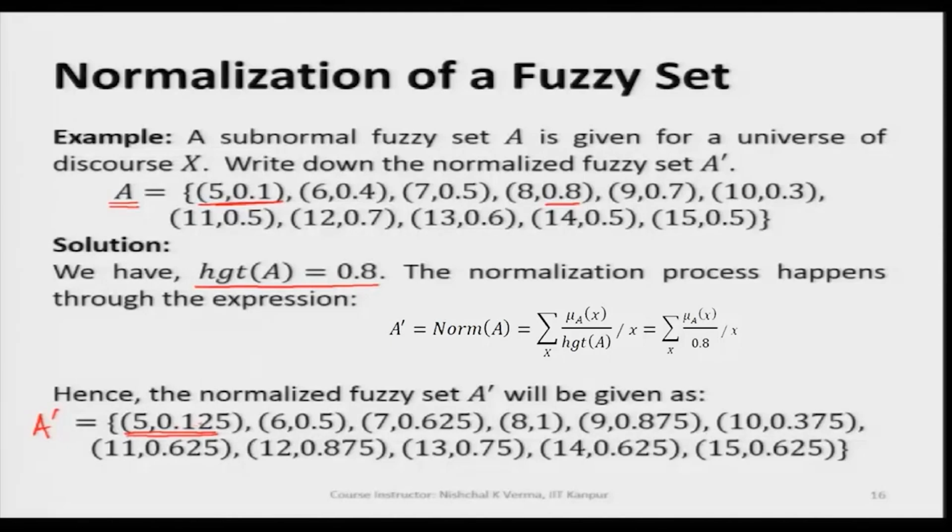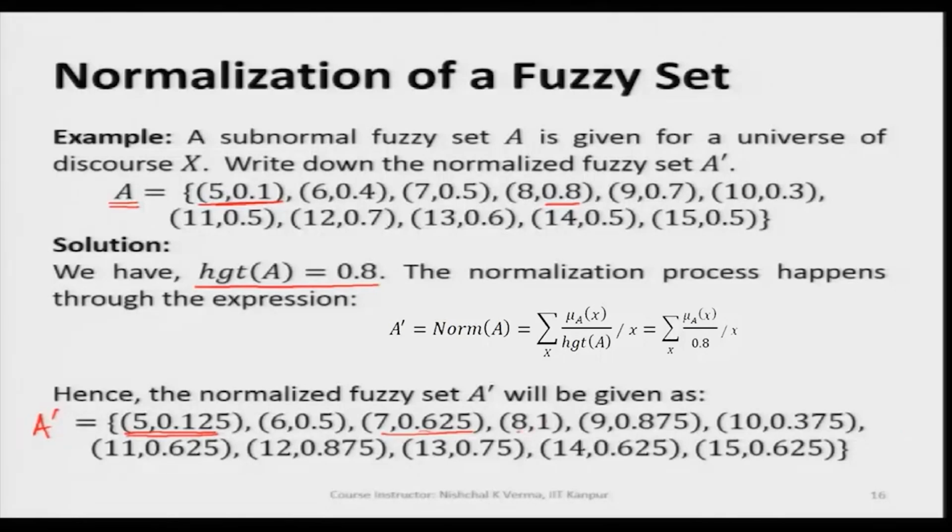Earlier the 5 has its corresponding membership value 0.1. Now, if we divide it by 0.8, this becomes 0.125. This way the corresponding membership value is changed, and similarly 6 will have 0.5, and 7 will have 0.625, and all other points will have their corresponding membership values normalized.